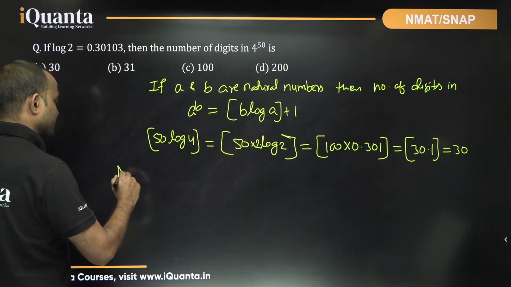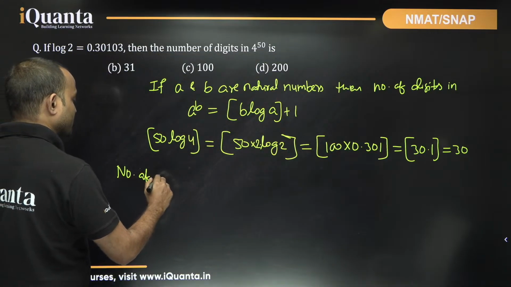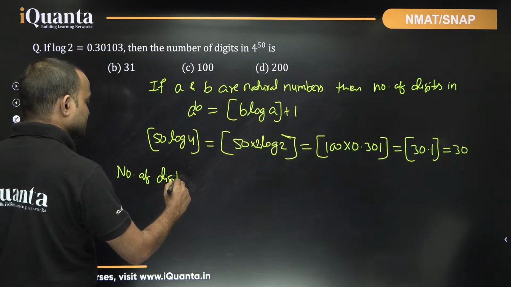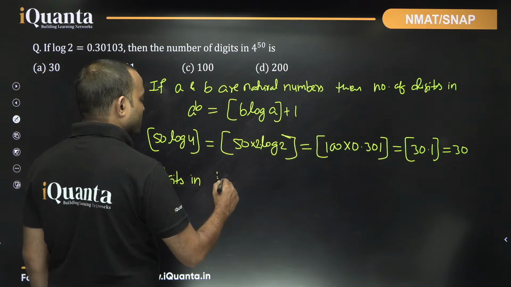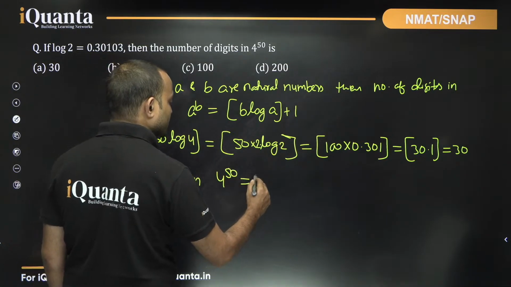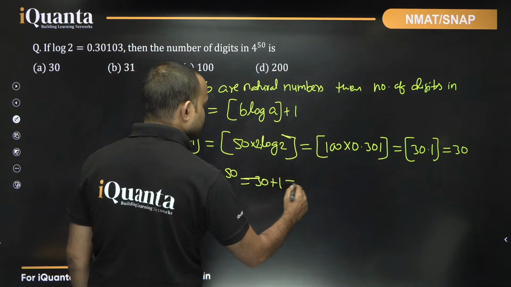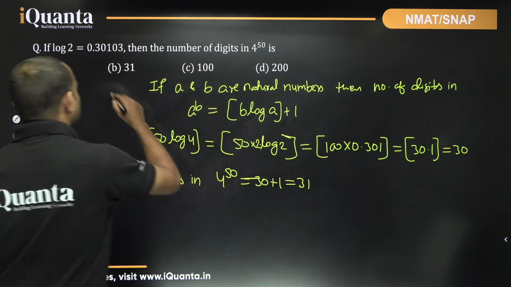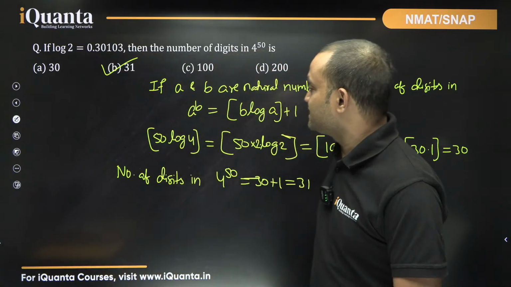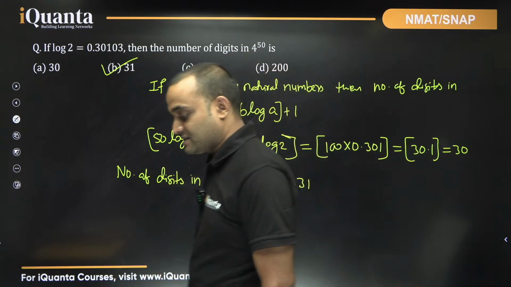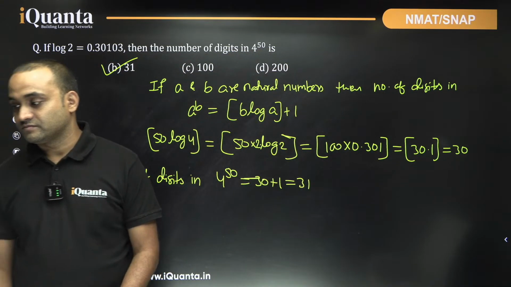So the number of digits in 4 to the power 50 will be equal to 30 plus 1, which is equal to 31. So the correct answer is option B. All right, guys, is that clear now?